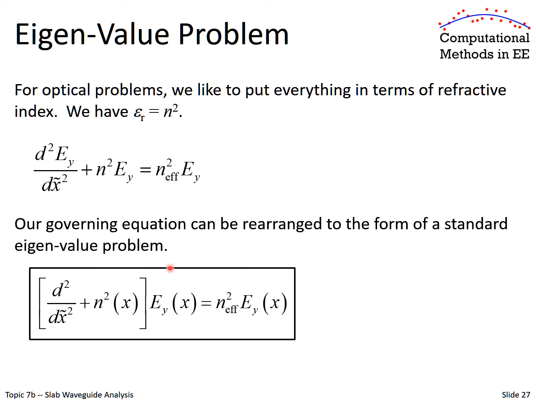But what I will also do, if anything is a function of x, I will explicitly write it as a function of x, just to remind us that that is a function of x. When I'm working by myself on paper, I usually don't write that. But if you're new to this, I think it's easy to lose track of exactly what is a function of x and what is not. So I've written that explicitly here.